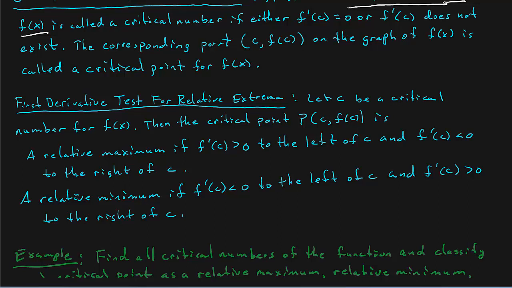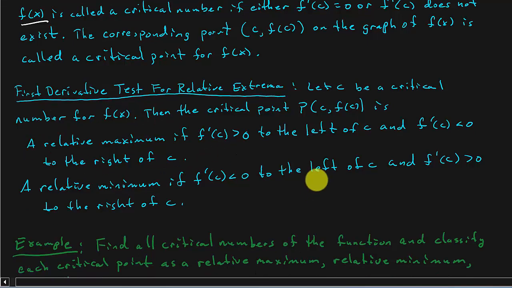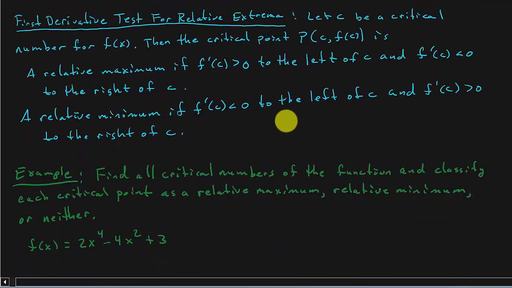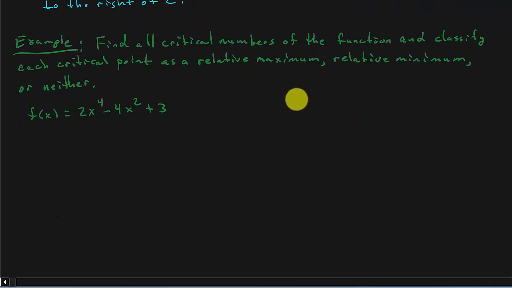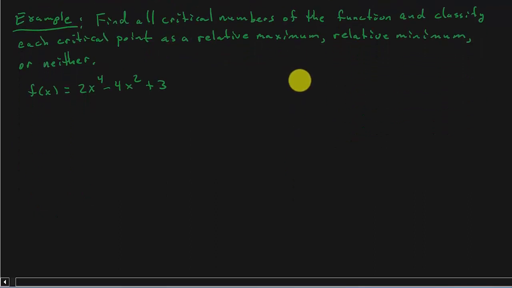Does that make a whole lot of sense to you? It may not. If you understand that, that's great. If you don't, worry not, because I think you're going to understand it when we do the example. Okay, and I'll let you know when we're doing this part, this first derivative test. All right, so let's look at this example.